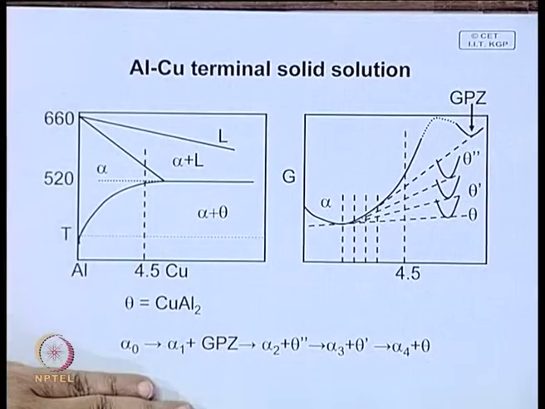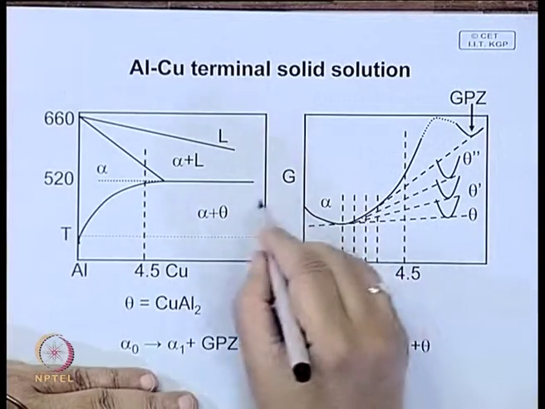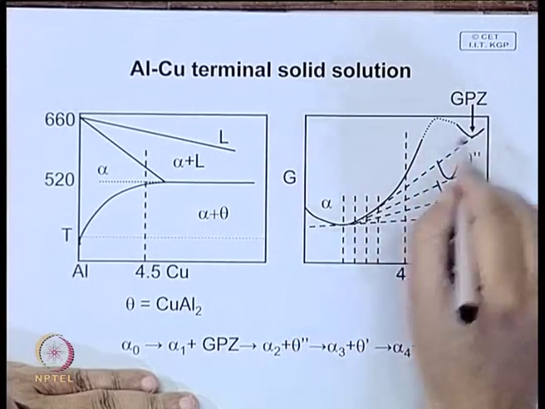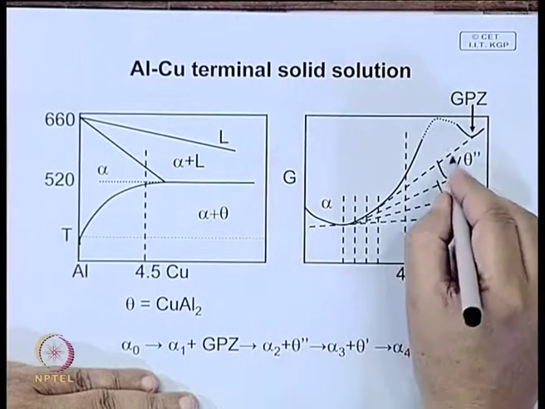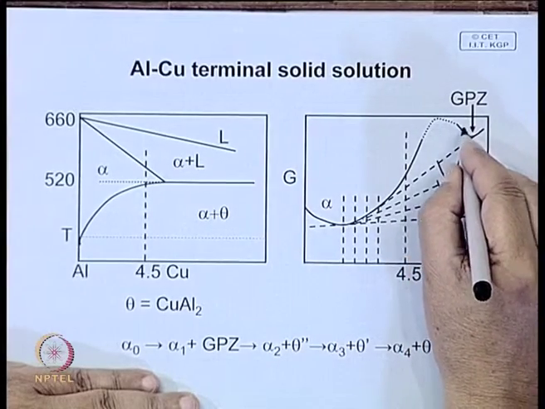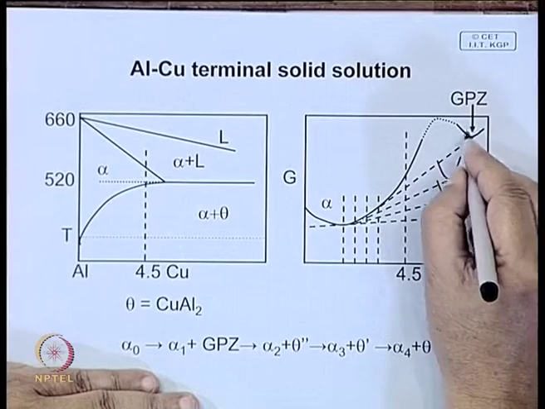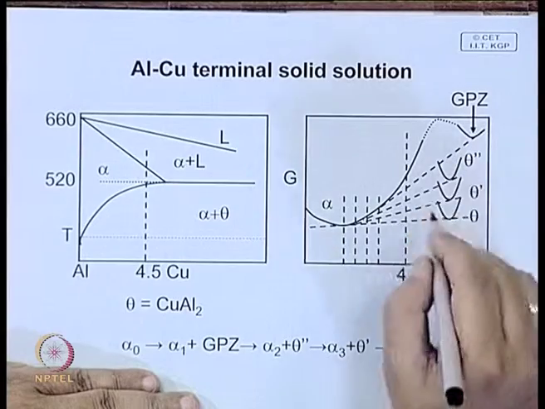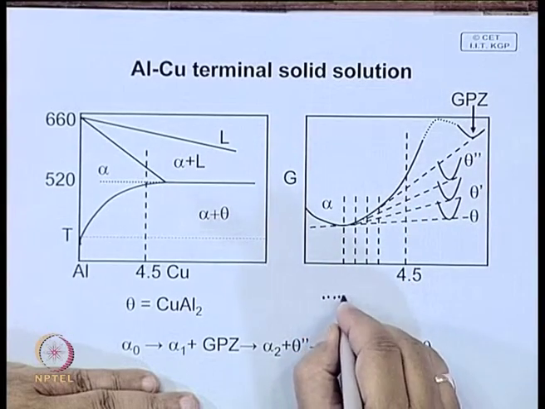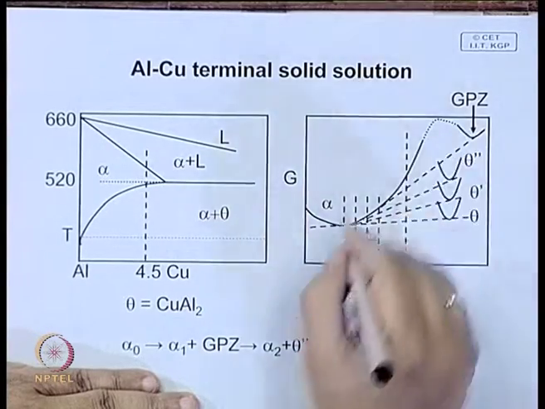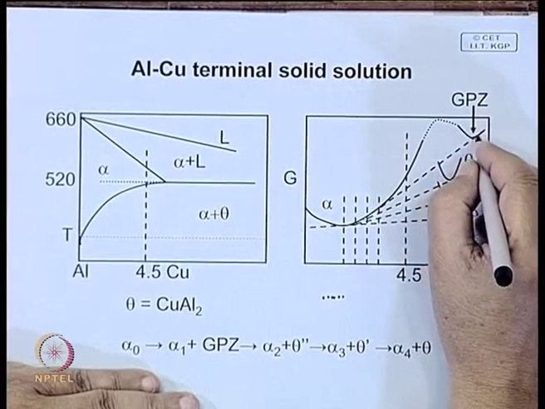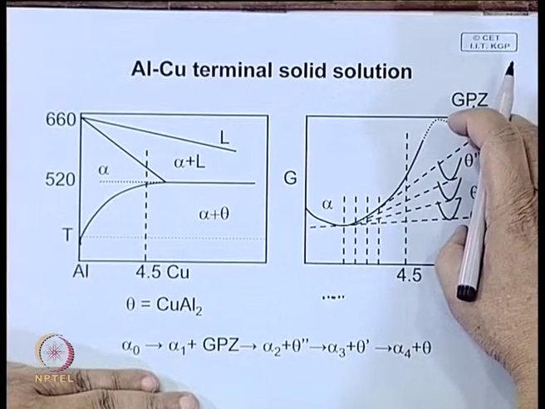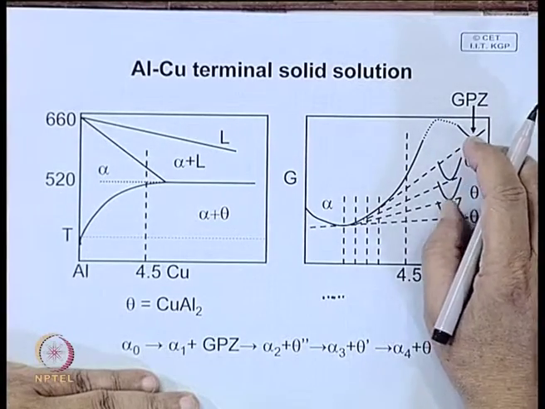If we refer to this figure, this is the supersaturated solid solution free energy diagram, and here you have a number of intermediate stages. The initial precipitate is just a cluster of copper atoms in the aluminum lattice. In some places a number of copper atoms form a cluster which is fully coherent but unstable. No doubt the volume free energy is much higher, but it is perfectly coherent.